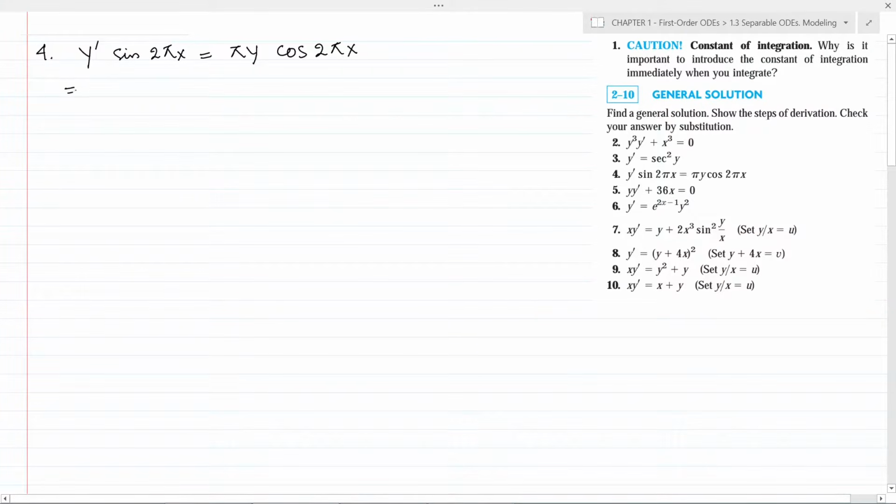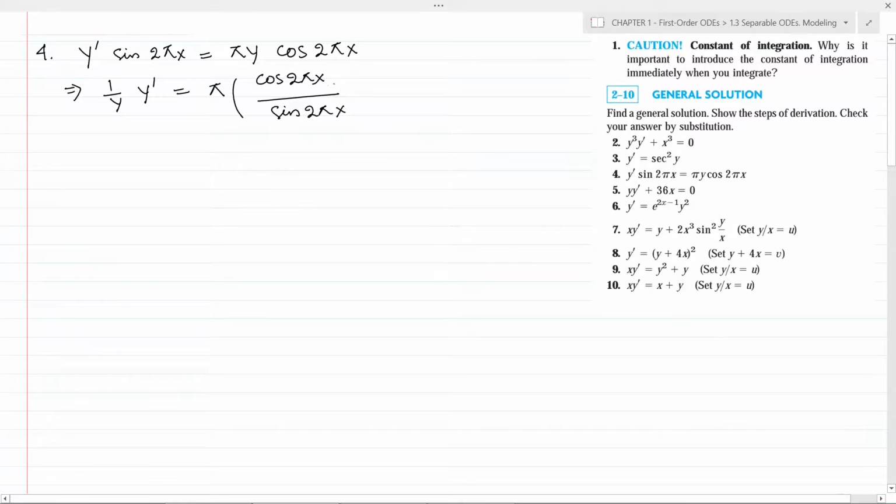So we will write this as 1 by y dash is equal to pi cos 2 pi x divided by sin 2 pi x.